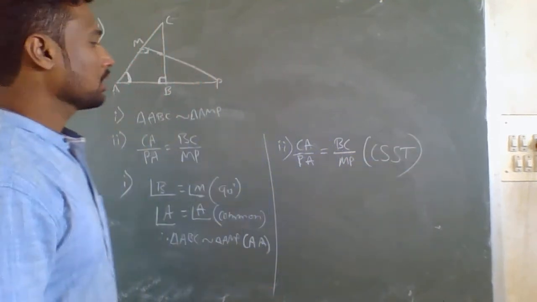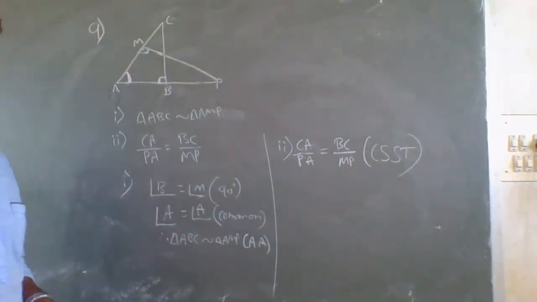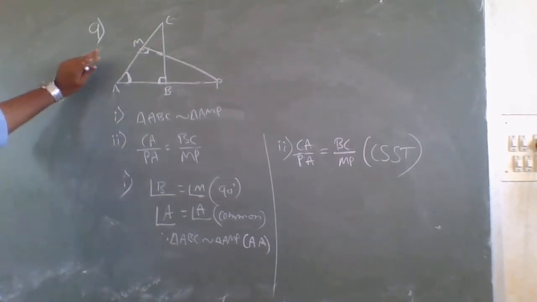These two are corresponding sides of similar triangles. So this is the ninth problem.